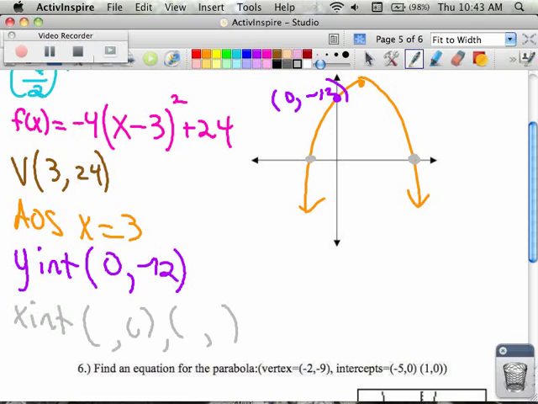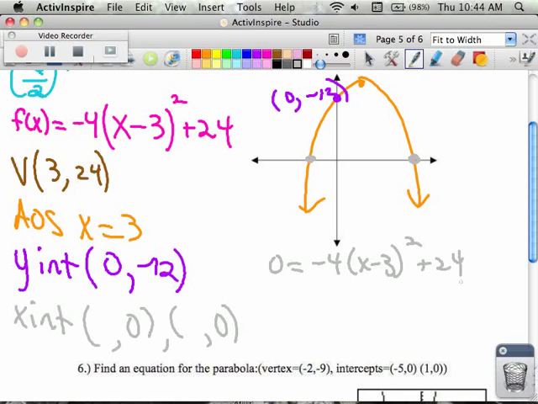And I'm going to have a 0 in for the y value because that's what an intercept is. If it's the x-intercept, the y value is 0. What that means is as I look at my pink equation, I see this. 0 equals negative 4 (x minus 3) squared plus 24.